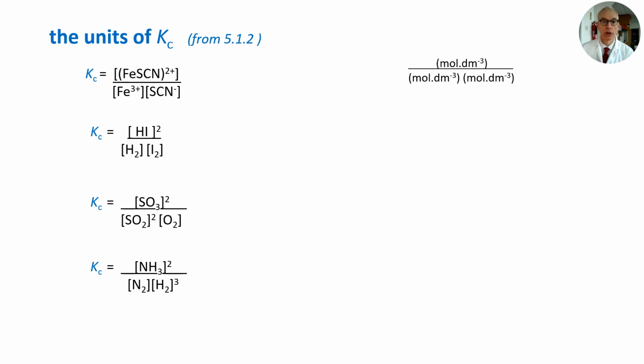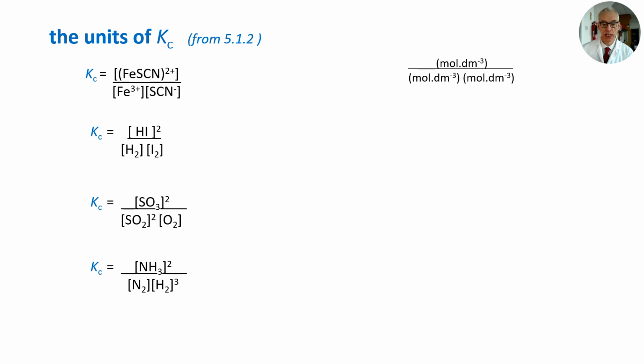So I've got moles per decimeter cubed on top divided by moles per decimeter cubed times moles per decimeter cubed. So I write that over here. So instead of putting in values for the concentrations, I am putting in the units.